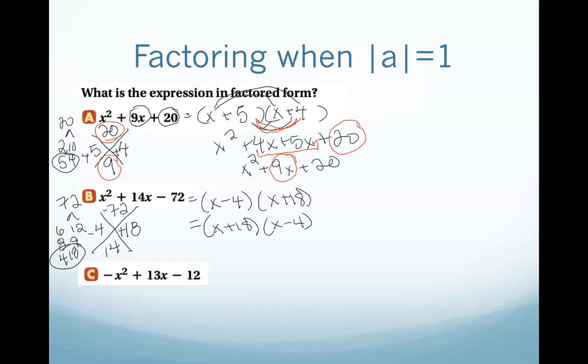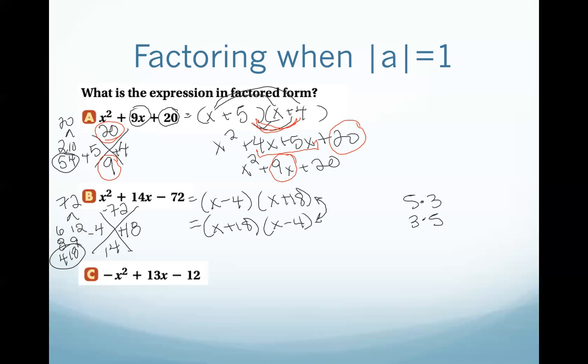Because remember, multiplication is commutative. If I have 5 times 3, it's the same as 3 times 5. So we can write these factors in either order, and either way, it is absolutely 100% completely correct. So if you have either of those two, that should be the correct answer.